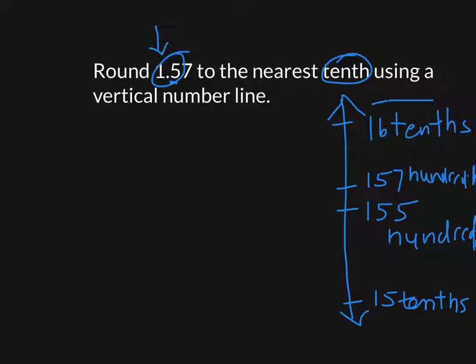So I know that my answer will round up to 16 tenths, and I'm going to write a little inequality over here. 1 and 57 hundredths rounds to 16 tenths, and the standard form for 16 tenths is 1 6/10.